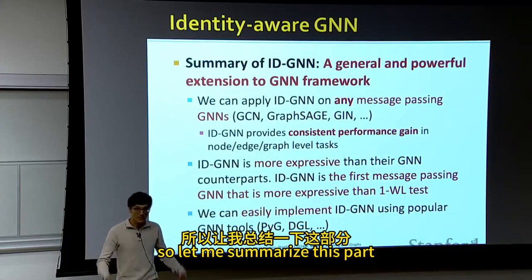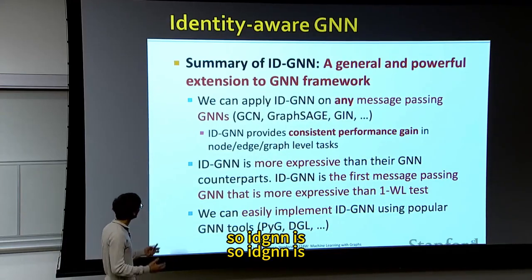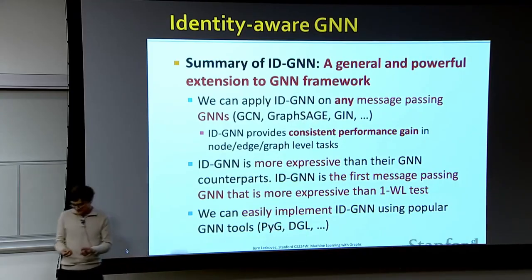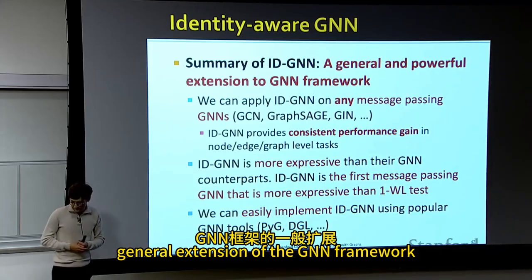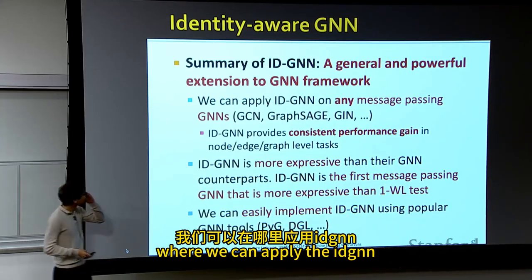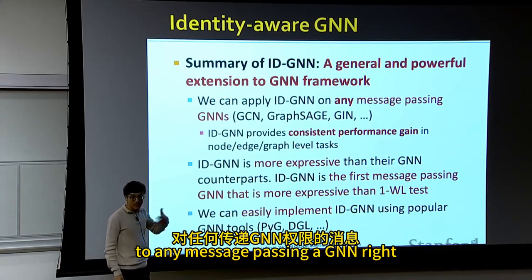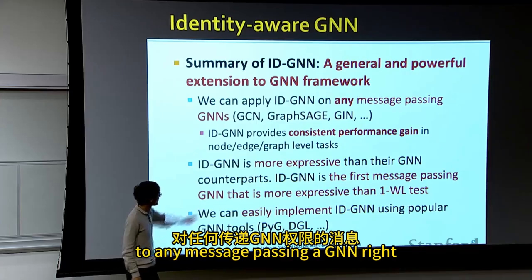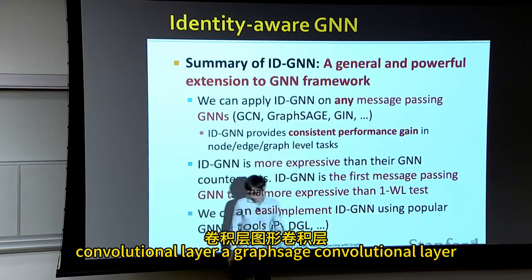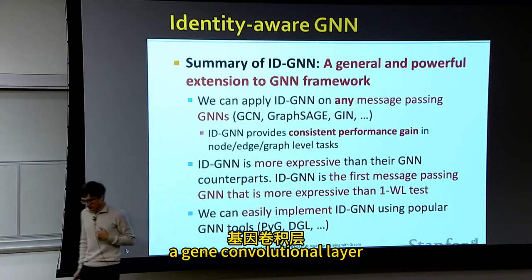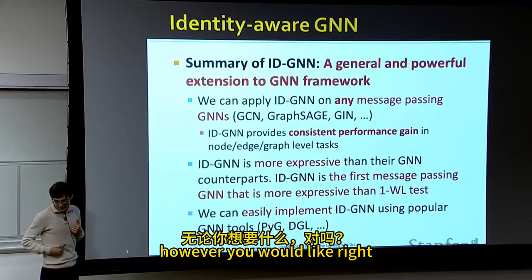So let me summarize this part. IDGNN is a general extension of the GNN framework, where we can apply the IDGNN to any message passing GNN, right? You could use a GCN convolutional layer, a GraphSage convolutional layer, a GIN convolutional layer, however you would like, right?